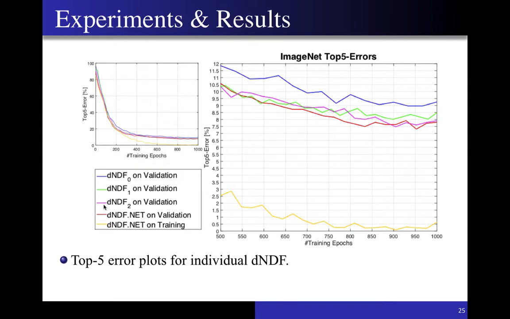Green and magenta represent DNDF1 and DNDF2, the other two decision forest layers.